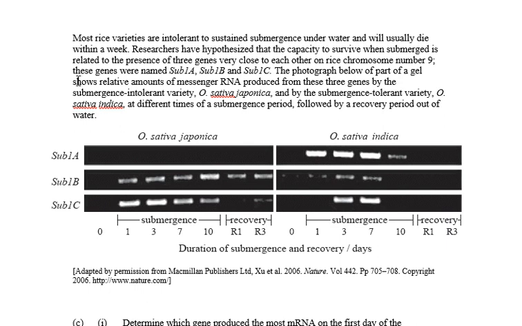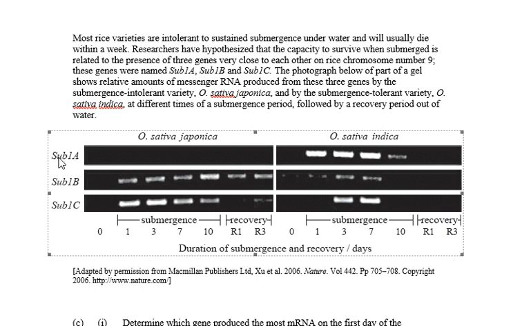These genes were named sub1A, sub1B, and sub1C. The photograph below shows part of a gel, and it shows the relative amounts of messenger RNA produced from these 3 genes by the submergence intolerant variety, O. sativa japonica, that's these guys, and by the submergence tolerant variety, O. sativa indica, that's these guys over here, at different times of a submergence period followed by a period of recovery out of water.